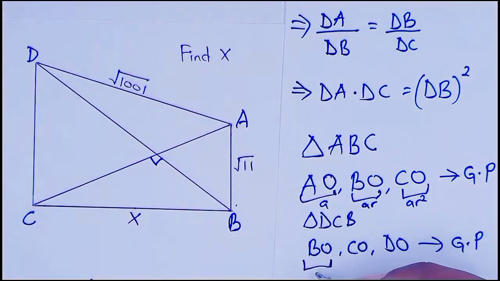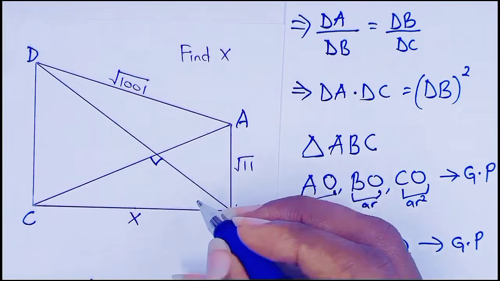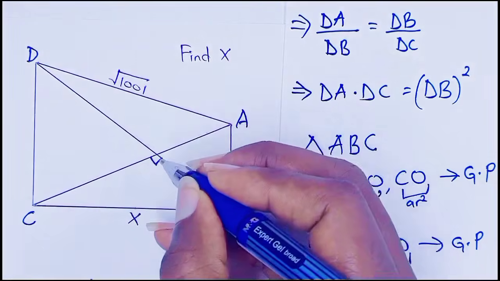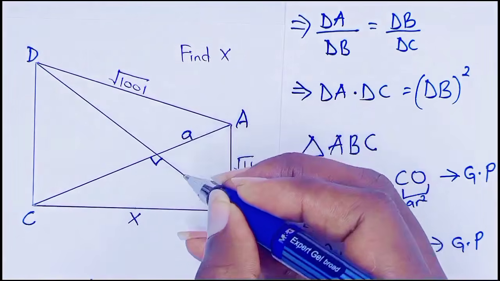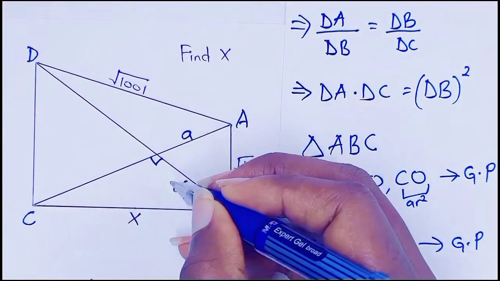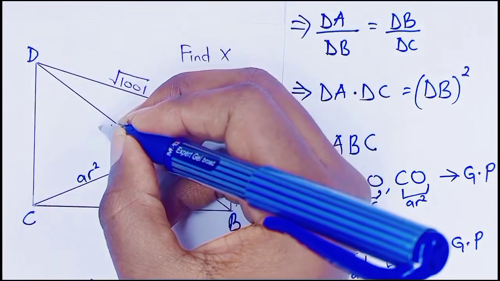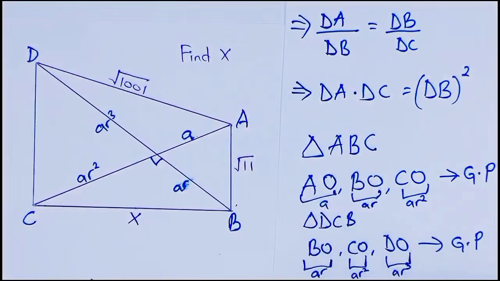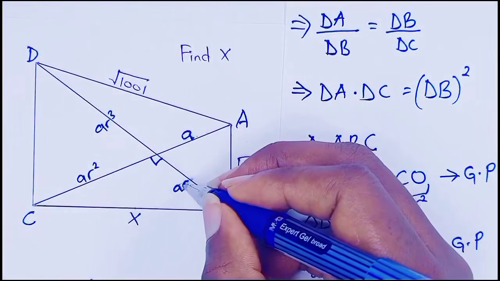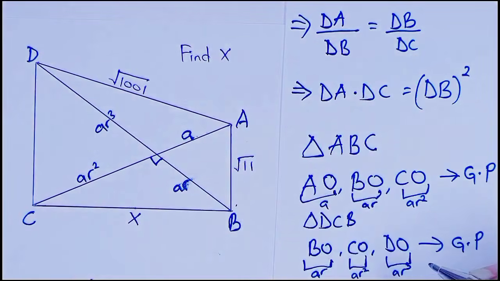Also, if this is AR, this is AR squared, this is AR cubed. So in our trapezium, this is A, this is AR, this is AR squared, and this is AR cubed.